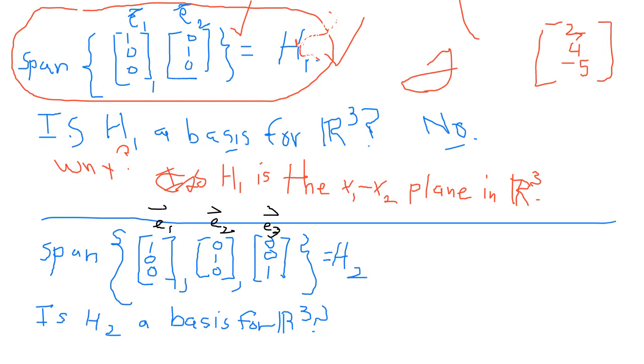Is the span of those unit vectors a basis for R cubed? Well, let me ask you, are these three vectors linearly independent? Is E1, E2, and E3, are they linearly independent?